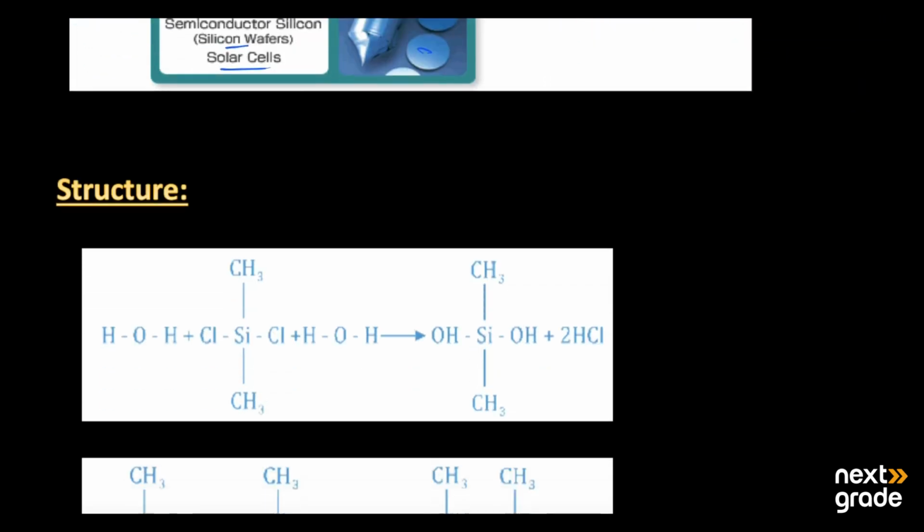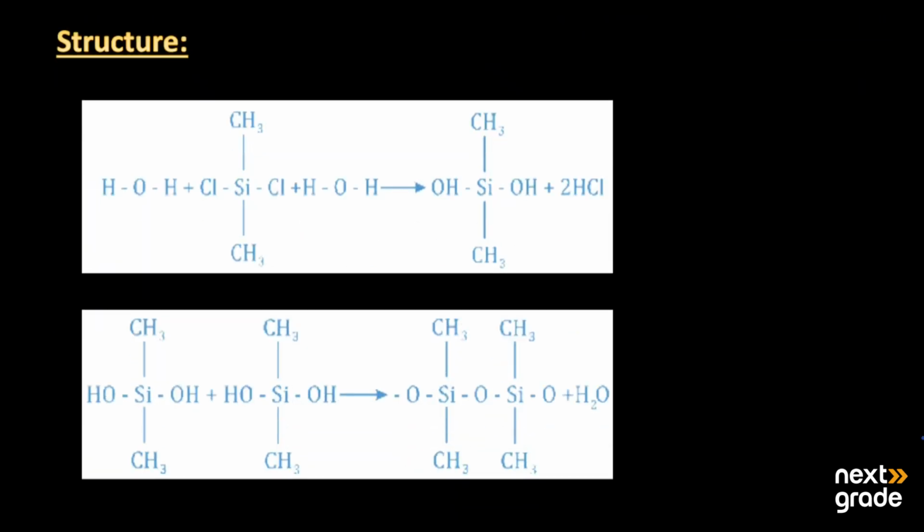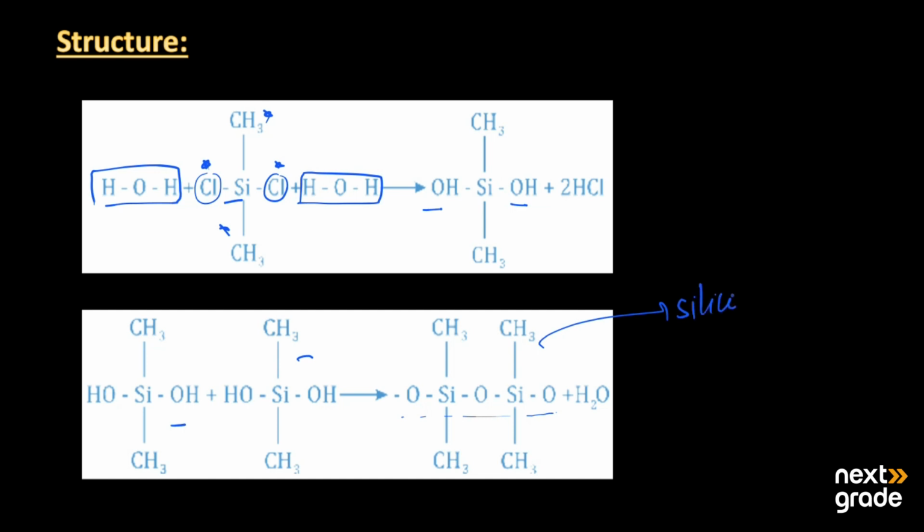Next we have the structure of the silicones. Here you can see that we have a water molecule, then silicon along with two chloride groups and two methyl groups, and the water molecule. The chloride ions are replaced by hydroxyl groups, and now this hydroxyl group reacts with another group and changes into long chains, forming silicones with the removal of water molecules.